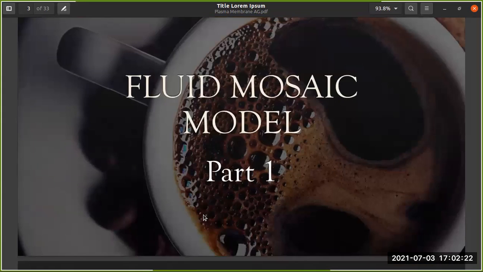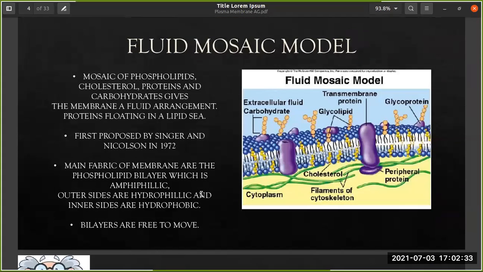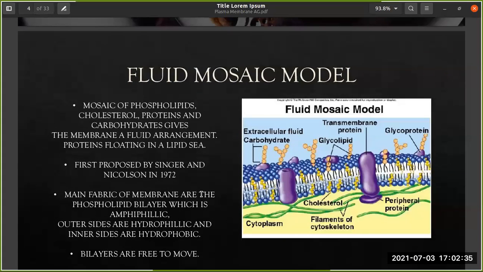So the first part is the fluid mosaic model. Let us see what this fluid mosaic model is. We know what a plasma membrane is. We had seen in yesterday's class that it is a membrane which binds the complete cell organelles and the cell structures inside.